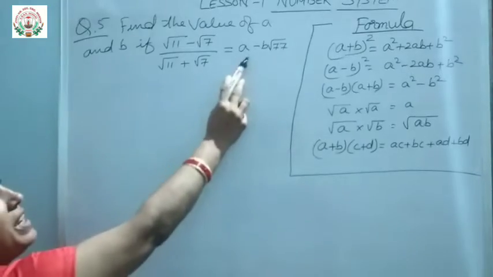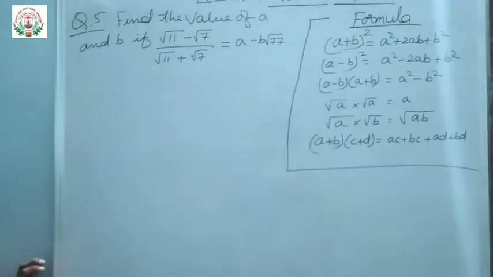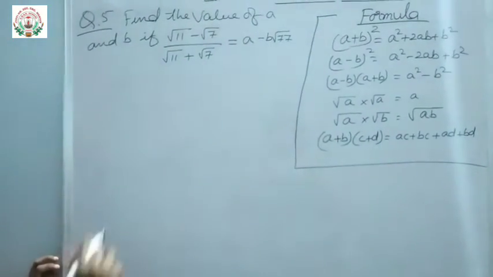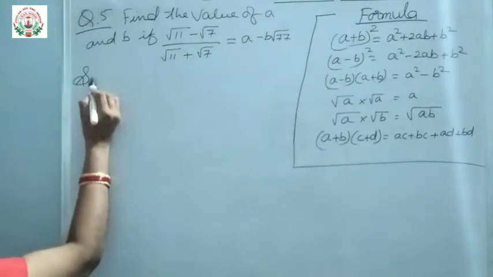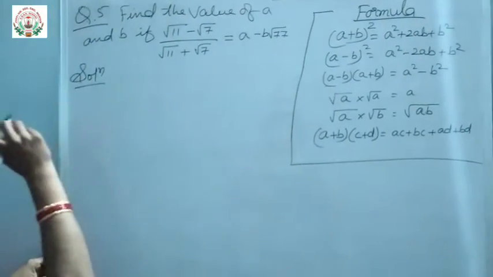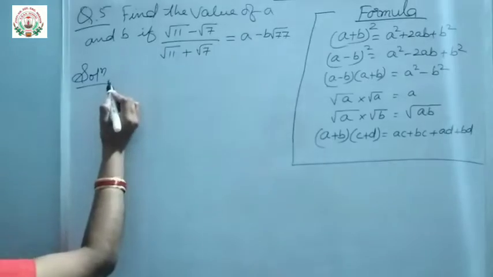So now you have to find the values of a and b. Okay, now see the solution. In the same way, we have already done one question. Likewise, we will do this one also.